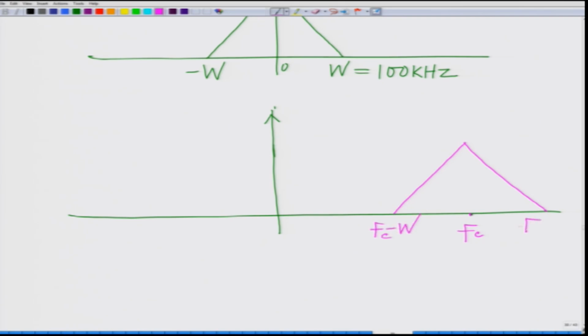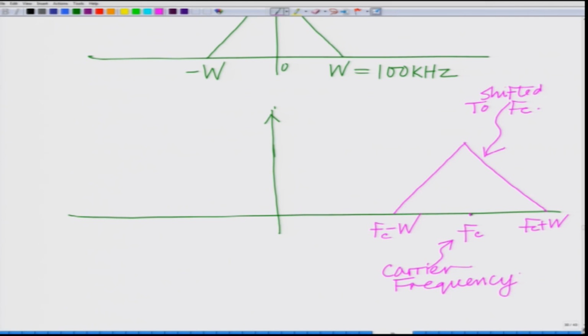So, this will be Fc minus W, Fc plus W. So, this is shifted to Fc.